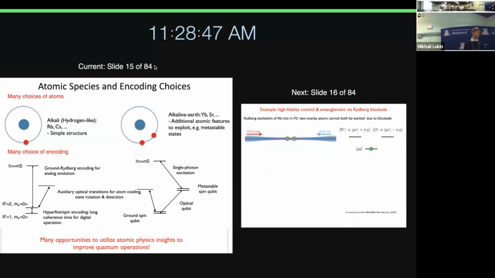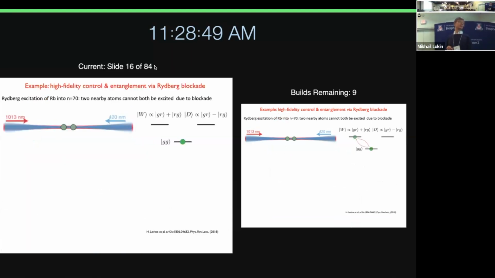So okay, just a simple example of how we can use this Rydberg interaction to entangle atoms, the Rydberg blockade. Suppose you just have two atoms, one pair of atoms, and you excite them both to the Rydberg state. This is now focused on rubidium-87, and basically exciting into some N somewhere between 50 and 100.